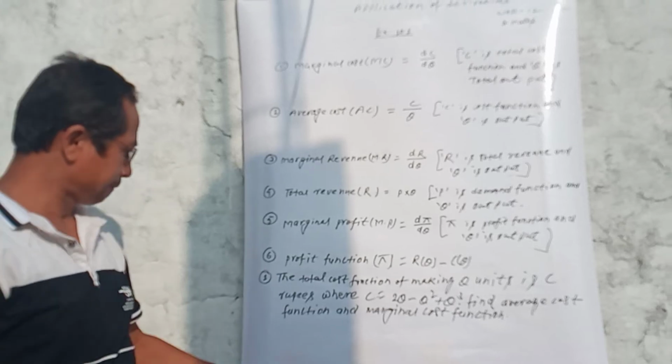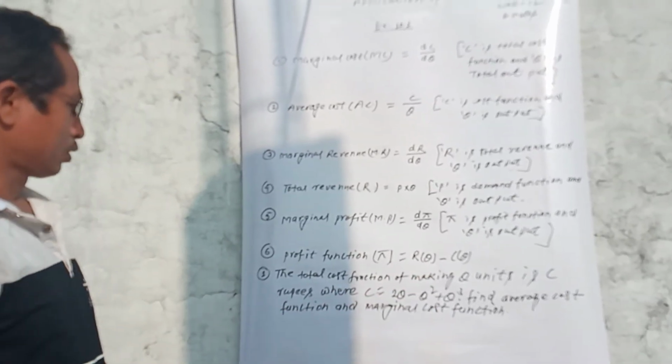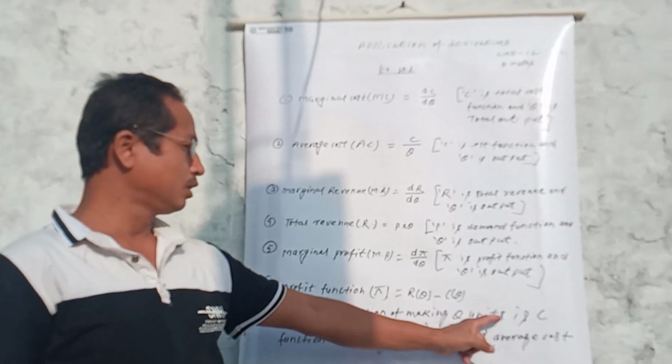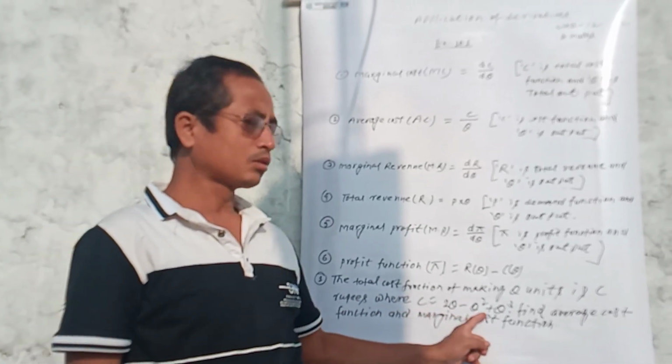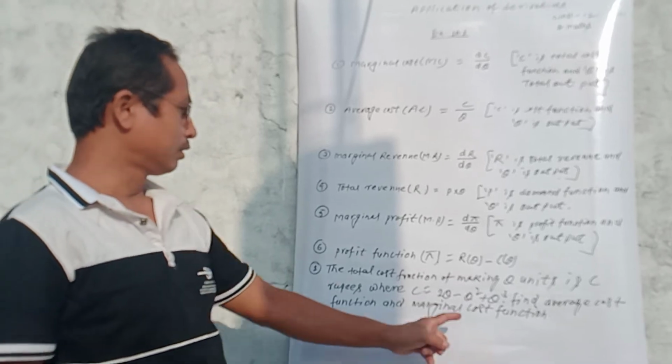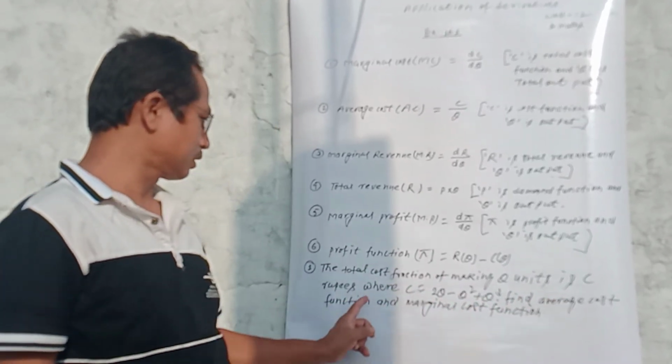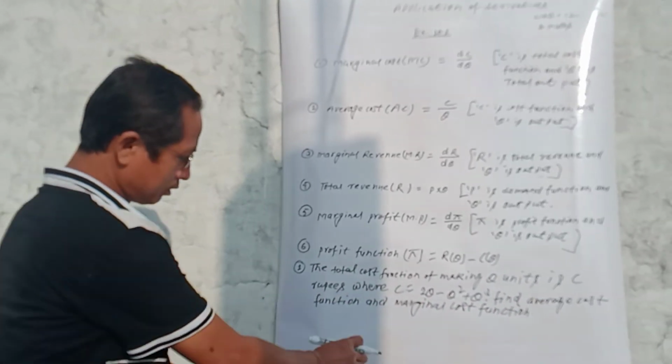Here the total cost function of making Q units is C rupees, where C is the total cost function. You have to find the average cost function and marginal cost function.